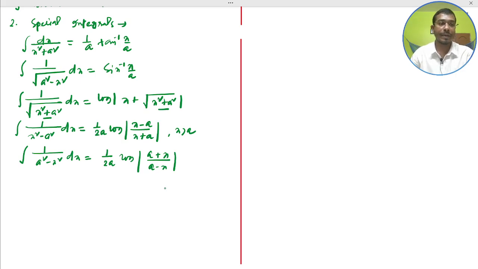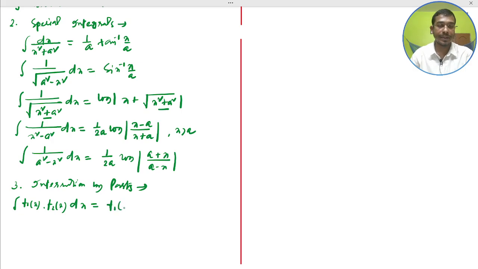Next, the integration by parts. As in differentiation we have the chain rule of two functions, here integration would be by parts. Integration by parts states that, suppose f1 and f2 are functions. So integration of f1(x) into f2(x) dx, that would be what?